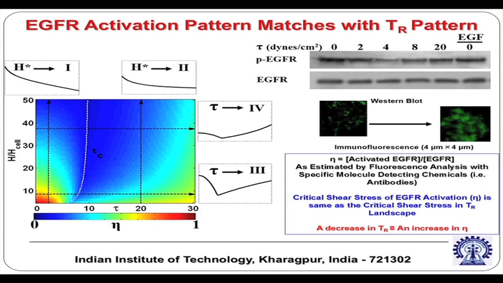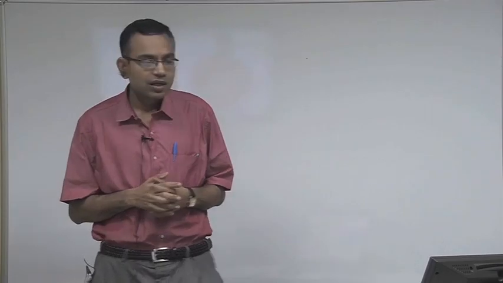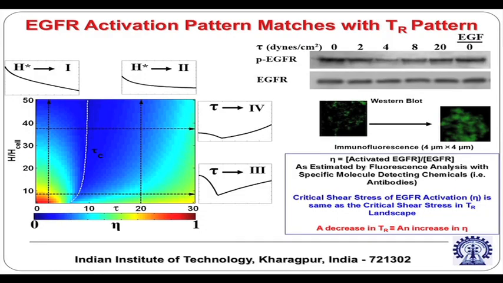To relate it to the molecular origin, we plotted a ratio eta, which is activated EGFR by EGFR, and we found that a decrease in the response time is equivalent to an increase in the activated EGFR. So that means that in the confinement, in a highly stressful condition, EGFR is more prolifically activated.